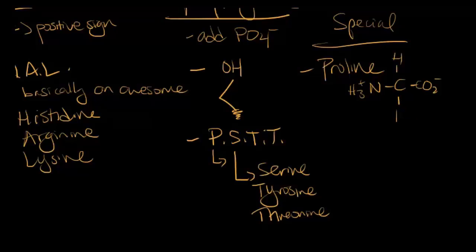But for proline, instead of there being just an R group that sticks out, the R group actually is bound back to the nitrogen here. And we'll talk about this later, but that makes it an alpha helix disruptor.